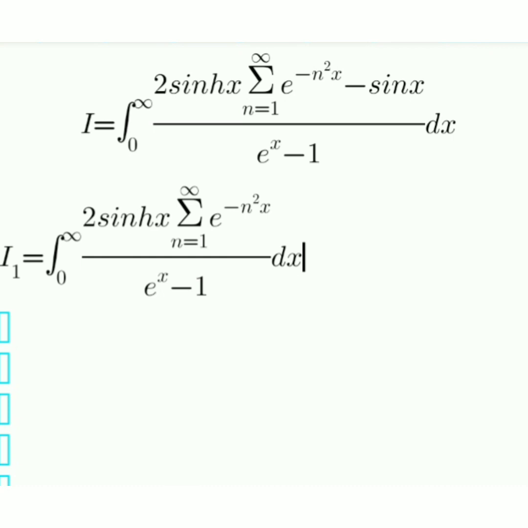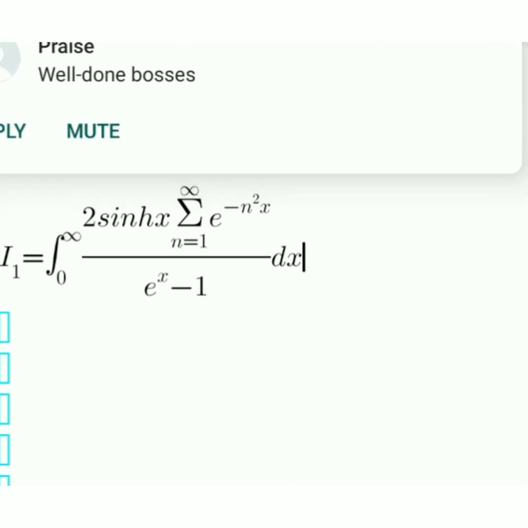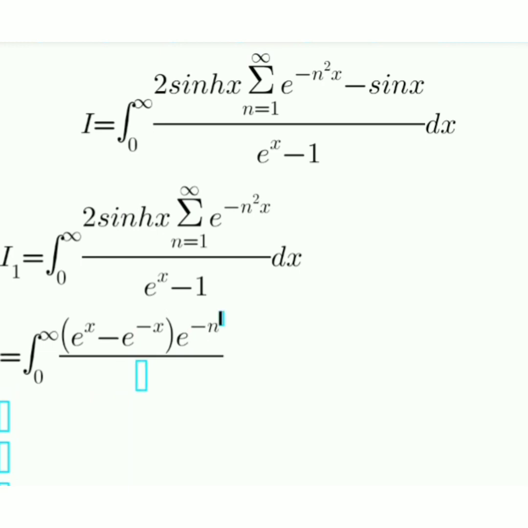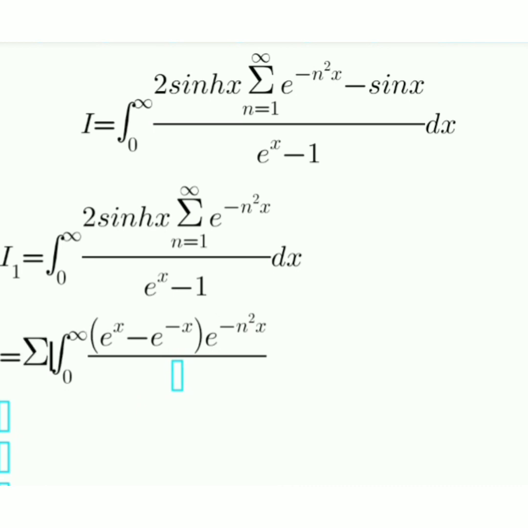So friends, how can you do it? If you want to solve this problem, you have to do 0 to infinity, and 2 sinh x. So 2 sinh x means e to the power x minus e to the power minus x, times e to the power minus n square x, summation n equals 1 to infinity.